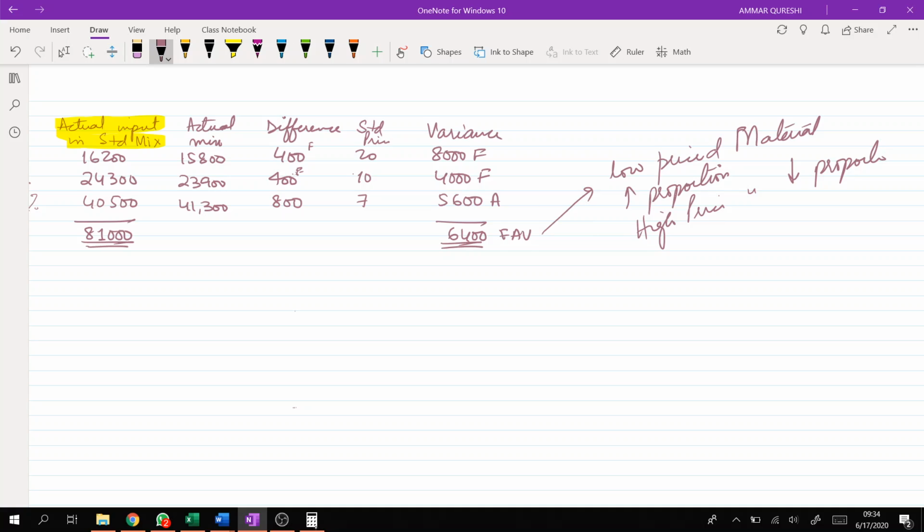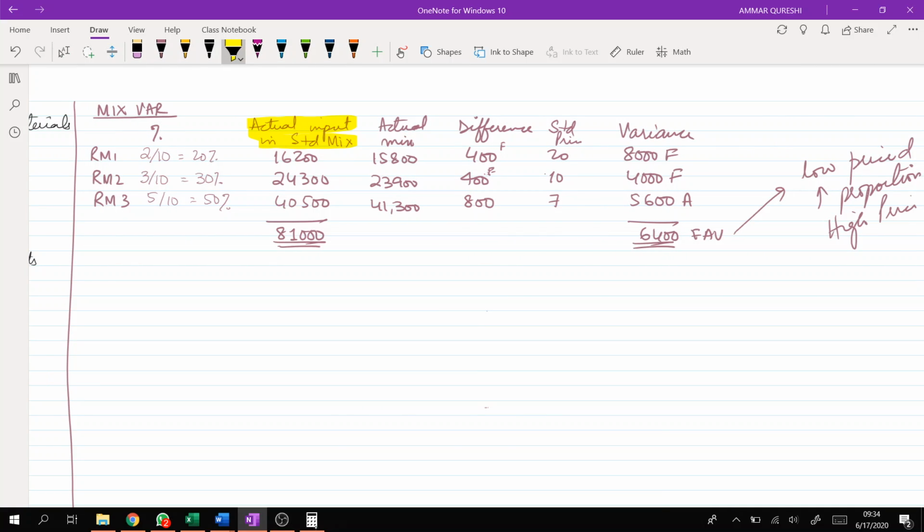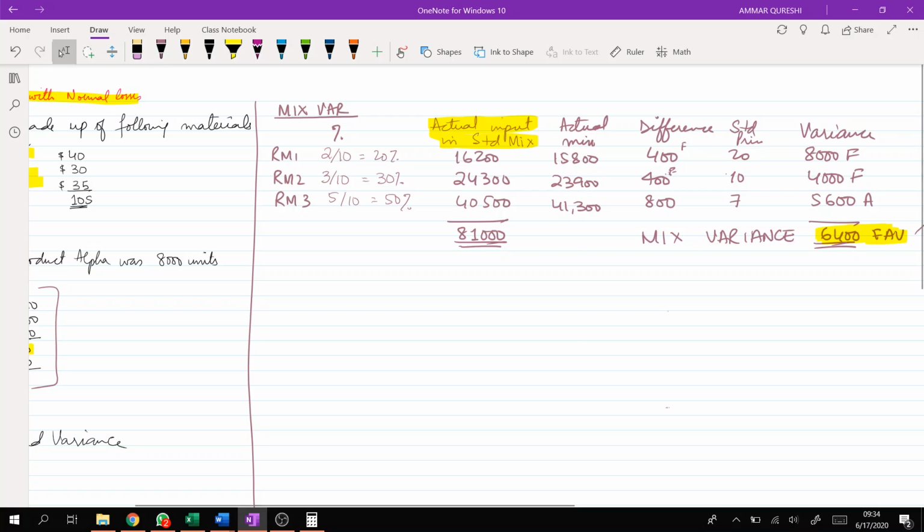Up to you, both mean the same, right? So this is basically the total mix variance. And remember whose responsibility this is? Production department, production manager, right?